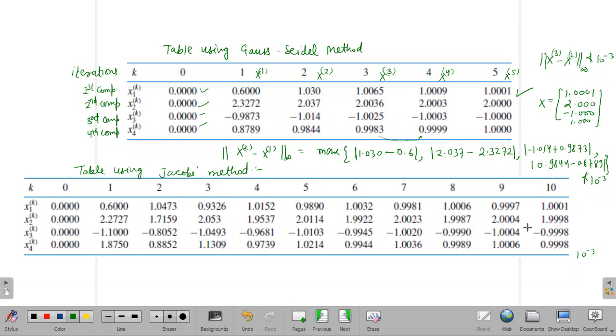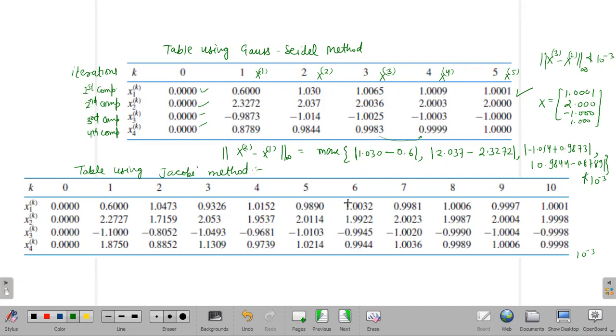Here you get a good approximation in just 5 iterations, but in the Jacobi method you need 10 iterations to achieve the same accuracy. So you can compare both solutions: Gauss-Seidel is better than the Jacobi method. You can also compare with the exact solution, which is 1, 2, minus 1, 1. So this is the question.